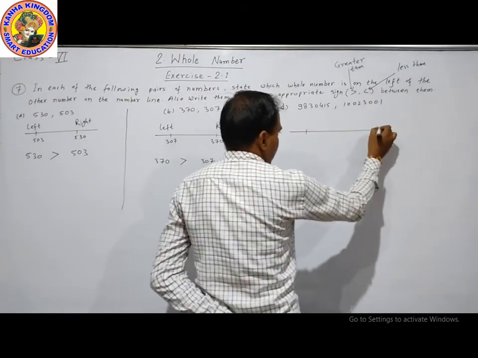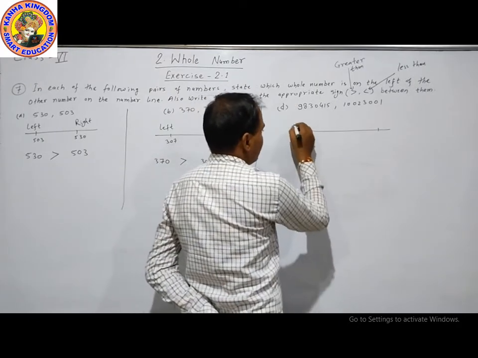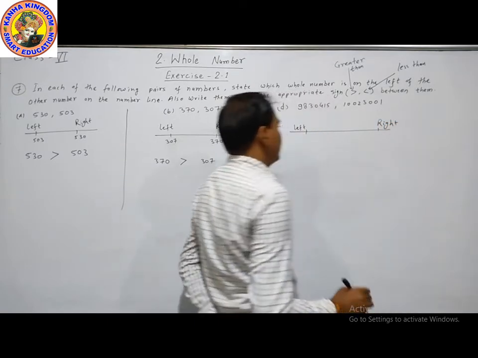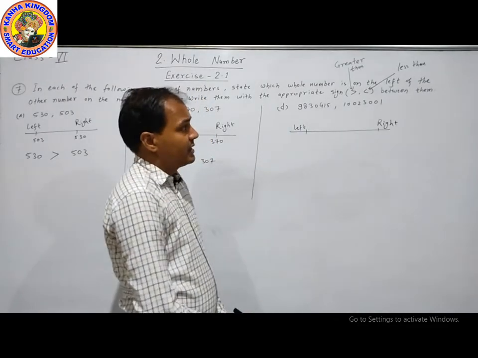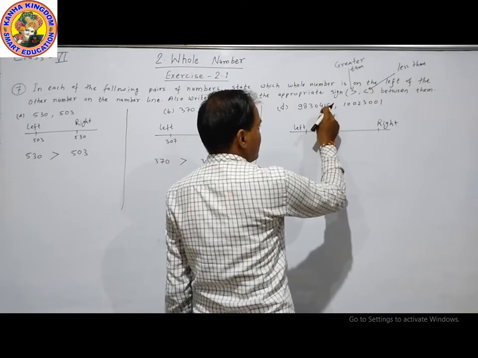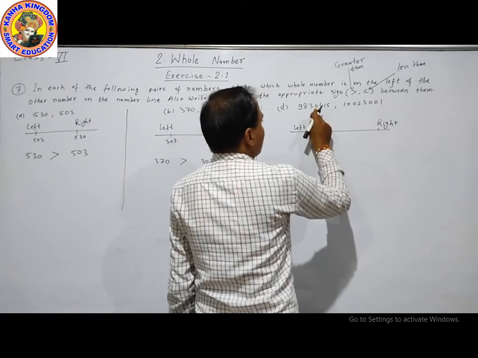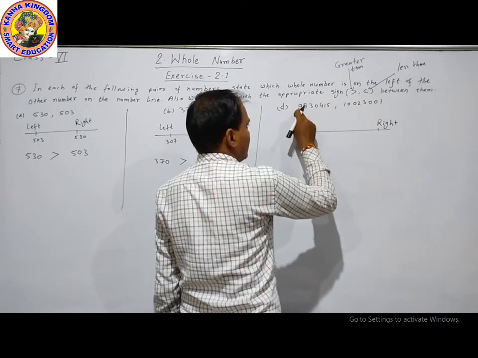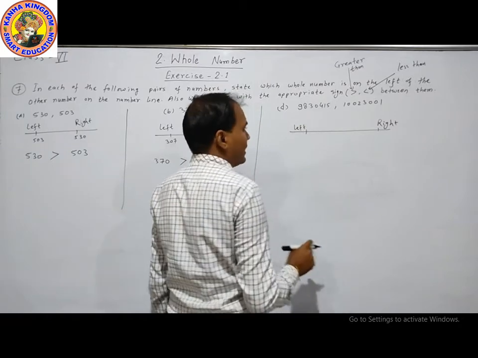Draw a number line. In this number line, this is our left and this is our right side. There are two very large numbers. Take counting: ones, tens, 100, 1000, 10,000, lakh, 10 lakh. This is our 98 lakh.